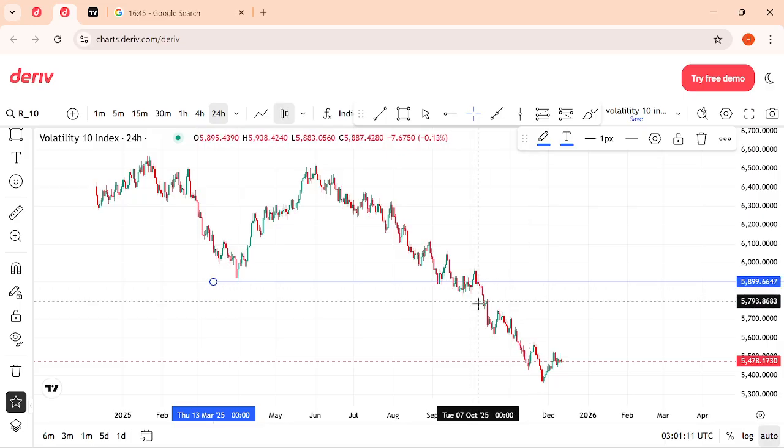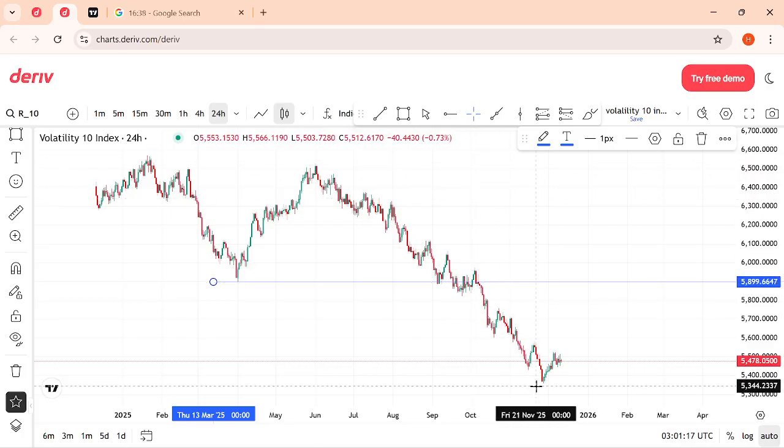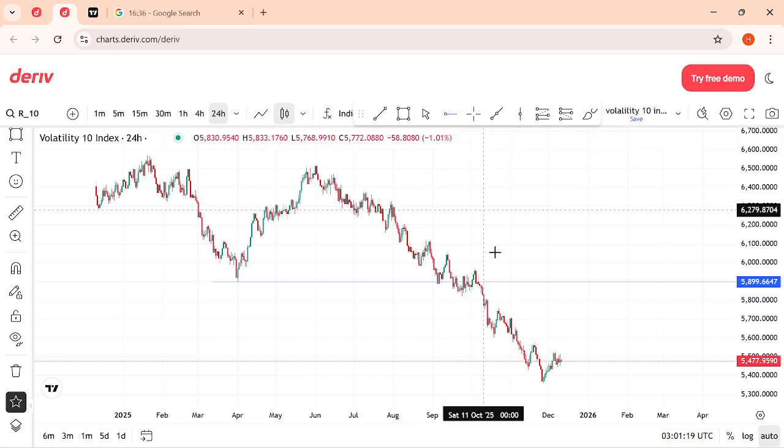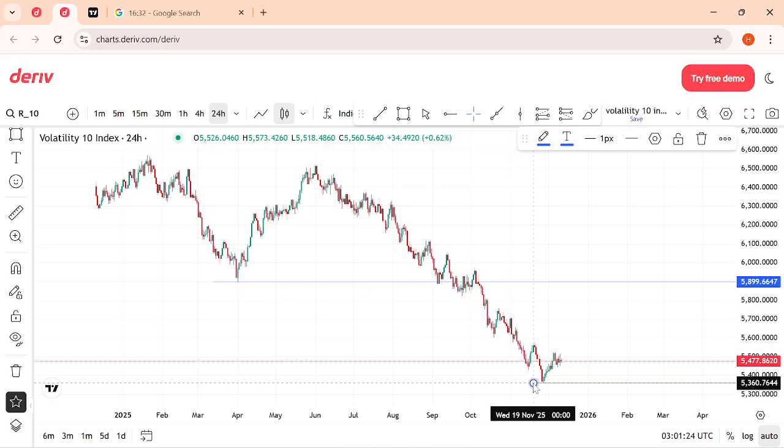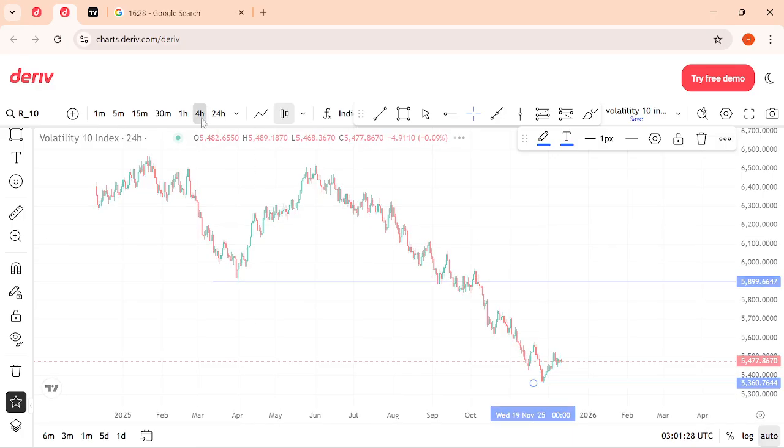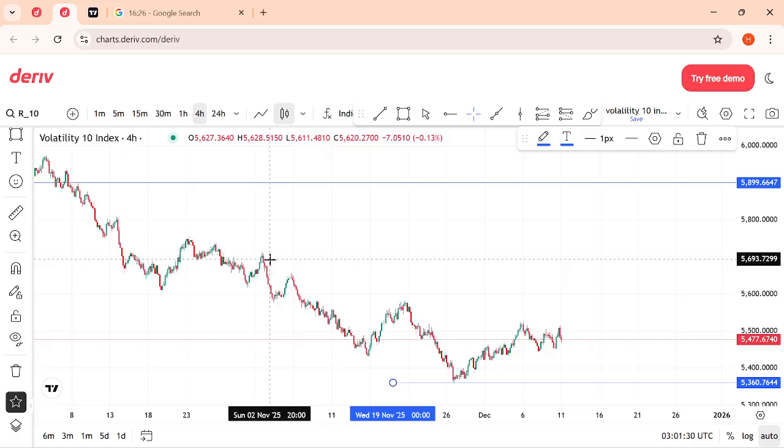And then price plunged down, broke structures. So let's simply pick the structures that were broken to the downside. And another thing I would do is mark out this particular low, and we would move down to the 4 hours time frame.